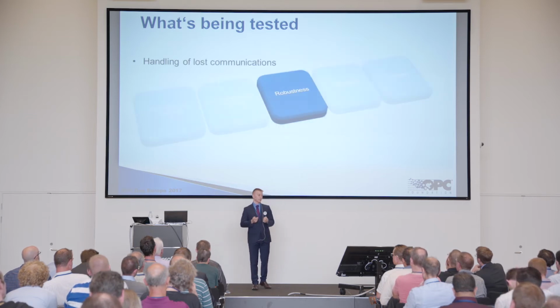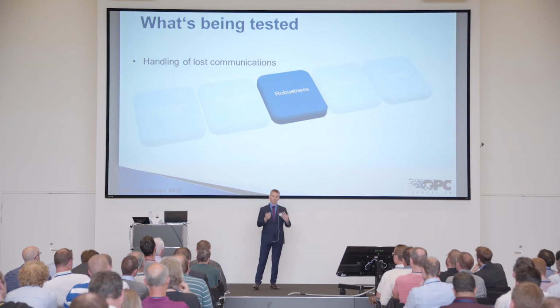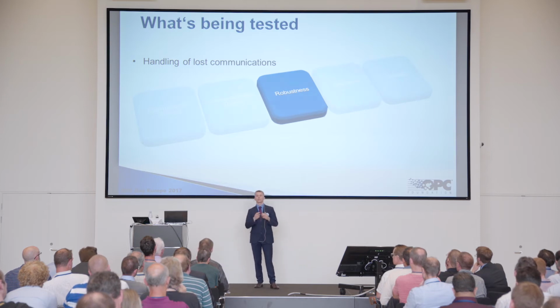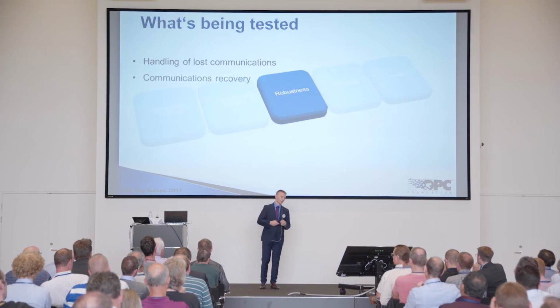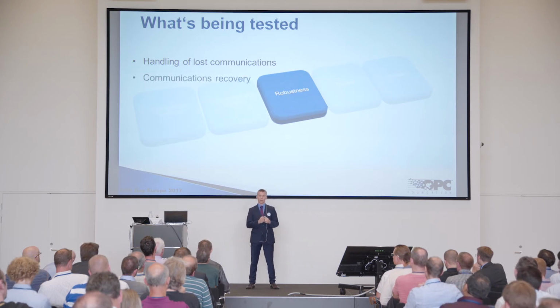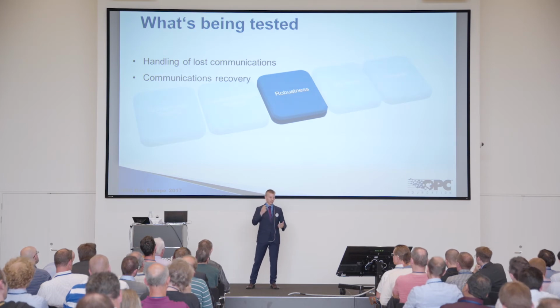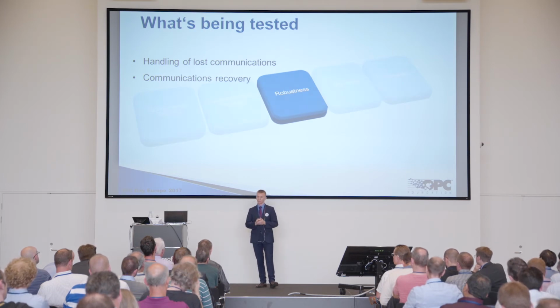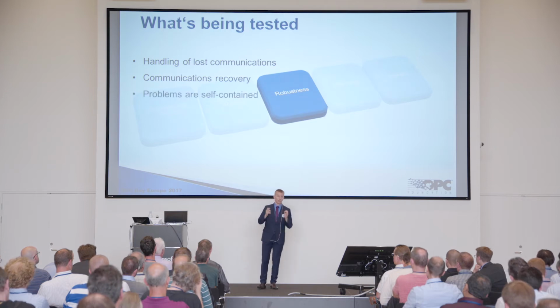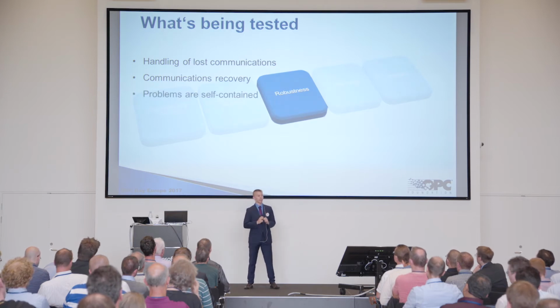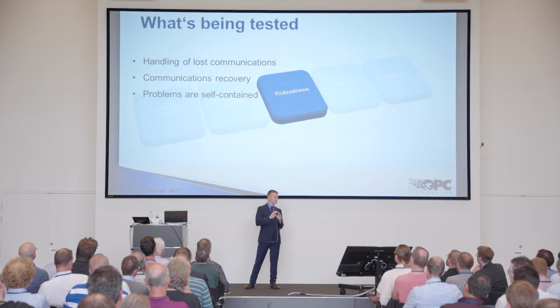So robustness. Robustness is basically checking if the product is able to handle lost communications. Is it able to recover the communication? So re-establish the secure channel, re-establish sessions, maybe reuse subscriptions. We're checking that the problems are self-contained. Now that's sometimes a tough one.